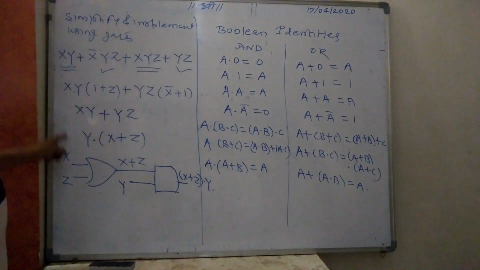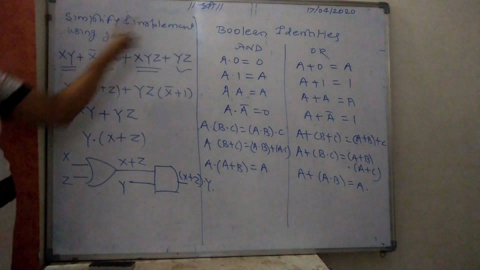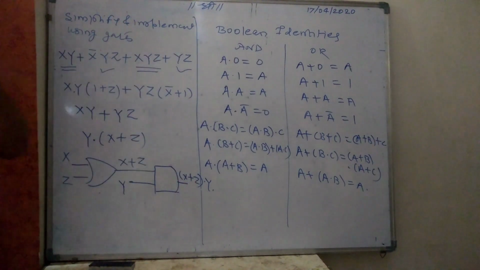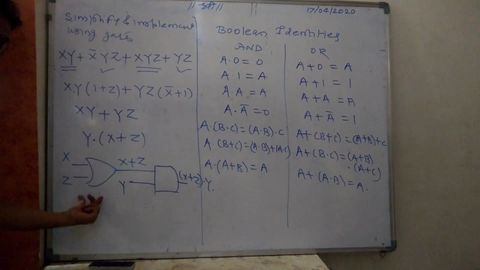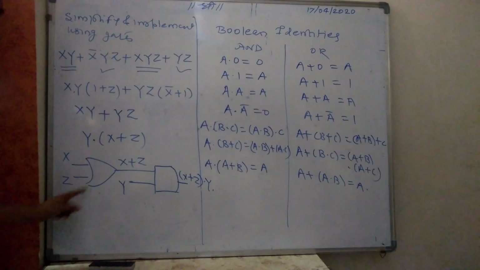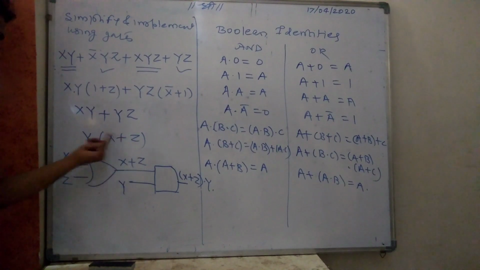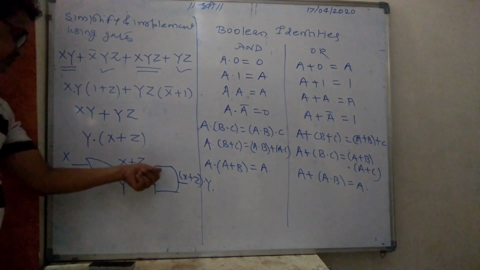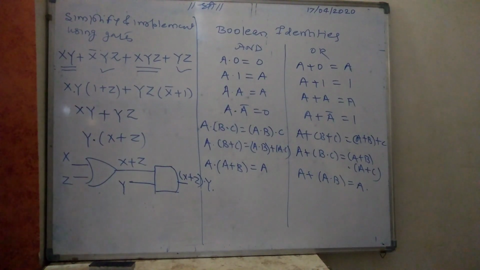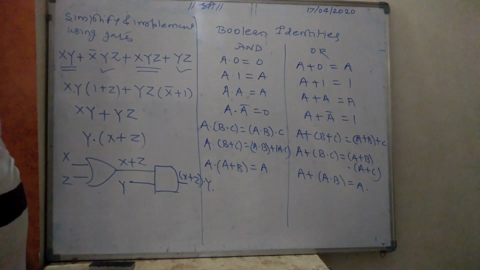So this is simplification, and this is implement using gates. Addition, so OR gate for x and z. Their output will be x plus z. That x plus z is in product with y, so it is going to the AND gate. So in this way, we have to simplify the equation and represent it using the gates.